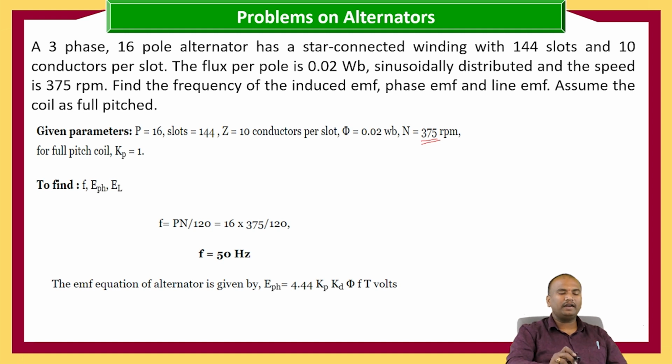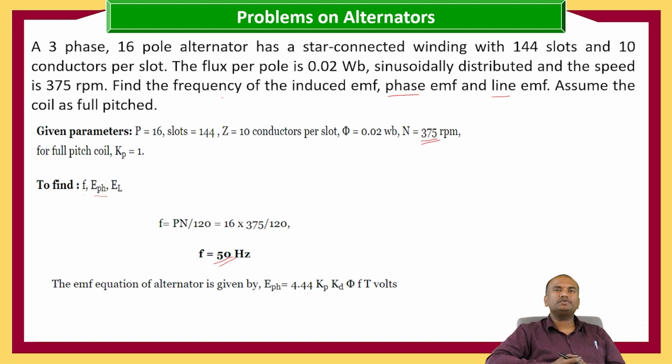Now, in order to find the frequency, induced EMF and the line EMF, for calculating frequency we use the synchronous speed equation. F is equal to Pn by 120. Here the number of poles is 16 into speed 375 divided by 120, which gives us the frequency value as 50 Hz.